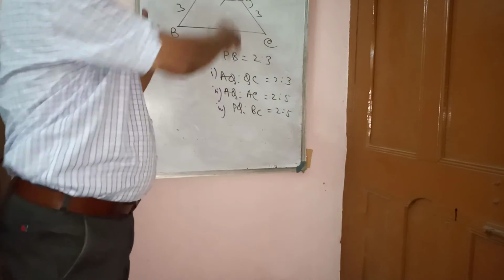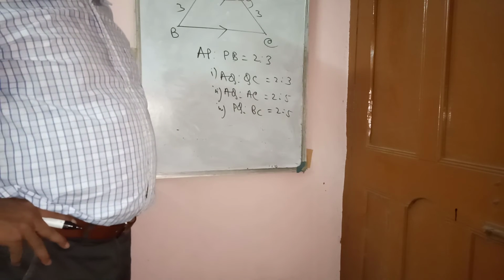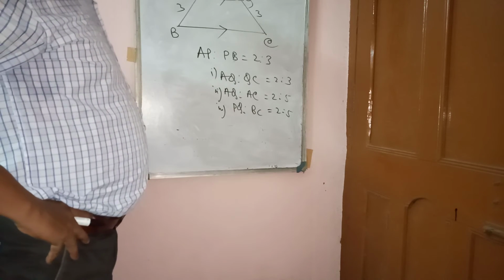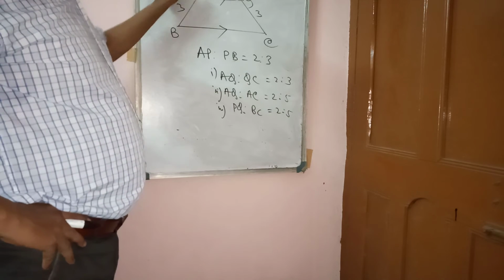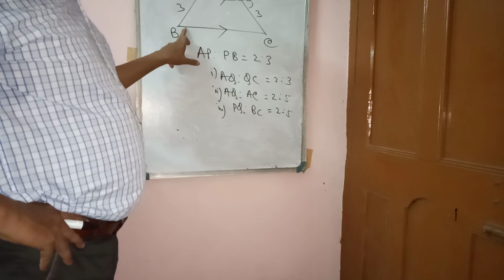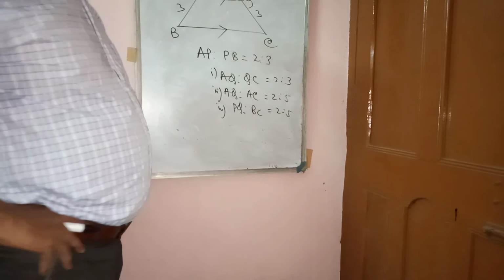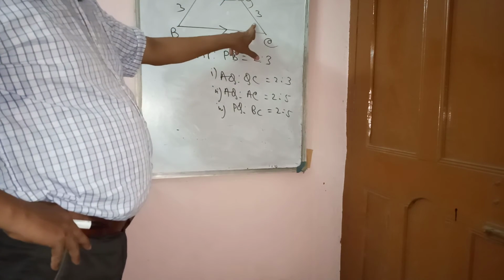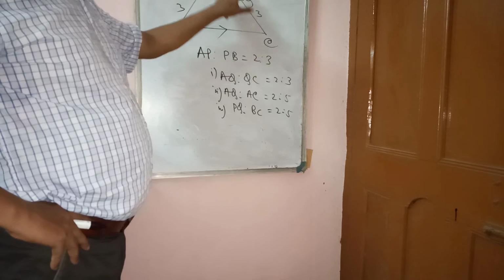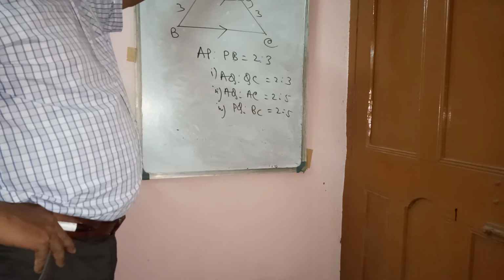Because of the two triangles here, look: triangle APQ and triangle ABC are similar triangles, because angle P equals angle B, since the parallel line is given, then corresponding angles are equal. Angle AQP and ACB are equal corresponding angles, and this is the common angle.